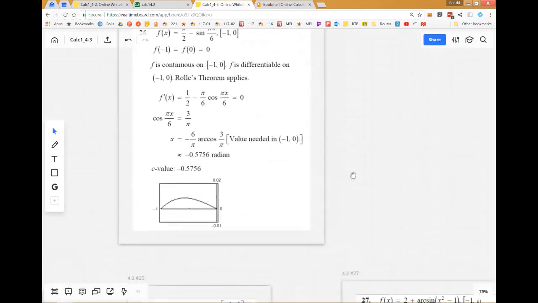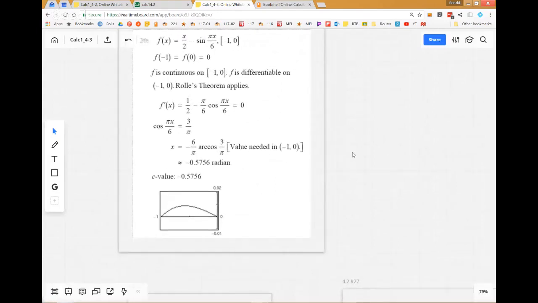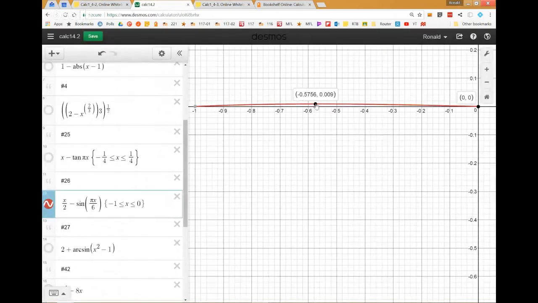Like we were doing, we got down to this point, and then you can solve that and find out that it's a decimal, and sure enough, negative 0.5756 is exactly where that horizontal tangent line would be.